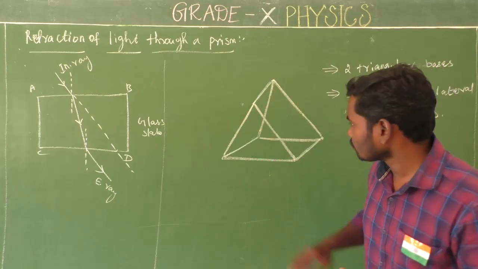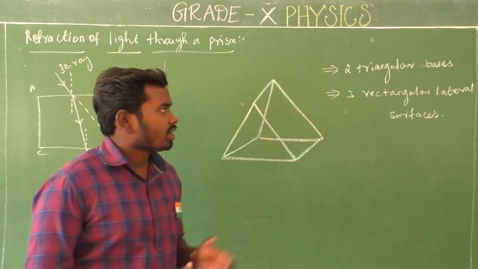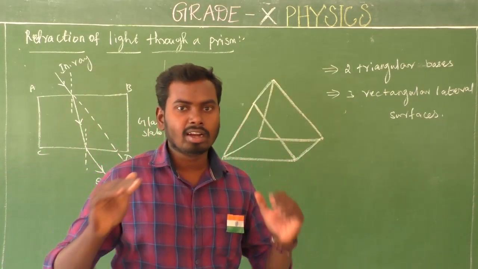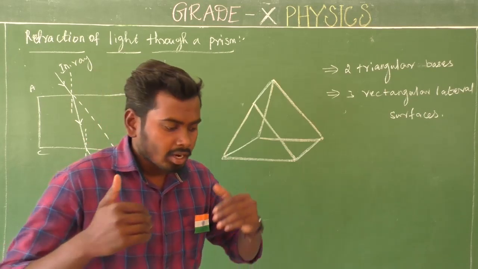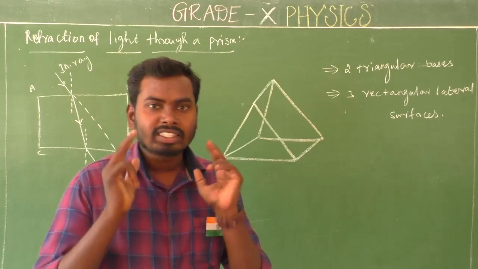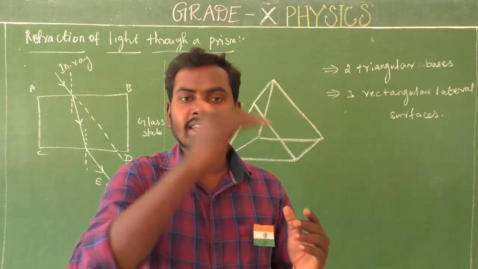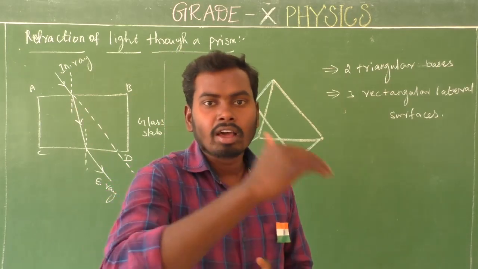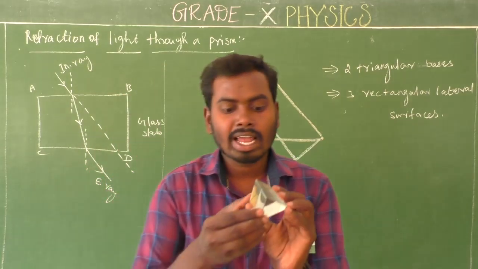Here this triangular glass prism has three lateral surfaces. But in this session we are going to take just two lateral surfaces, which act as refracting surfaces. Look at here, this is the glass prism.